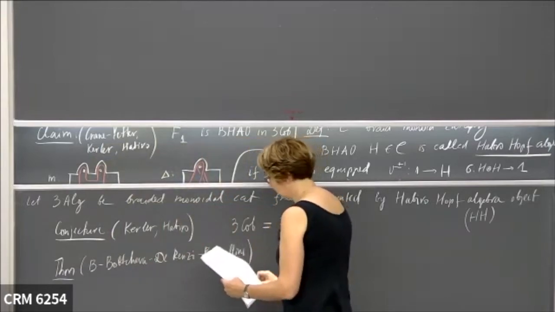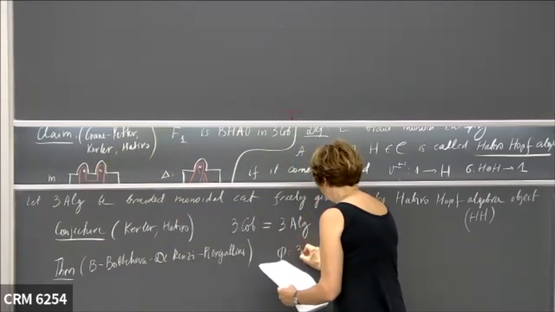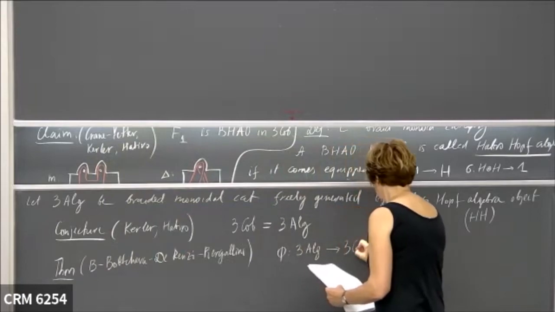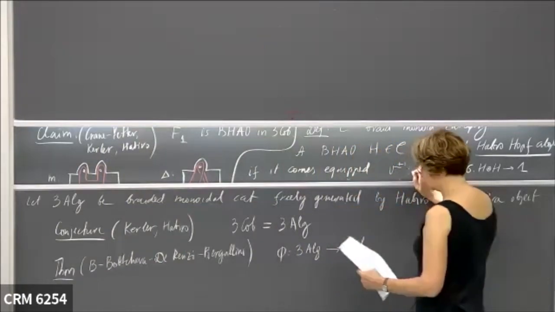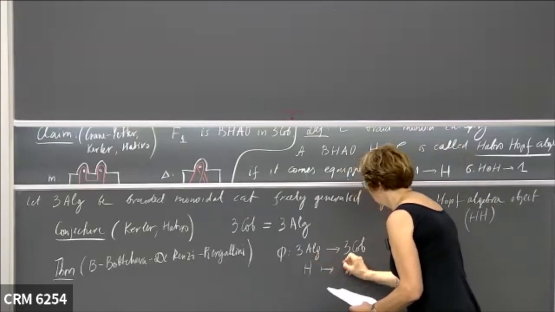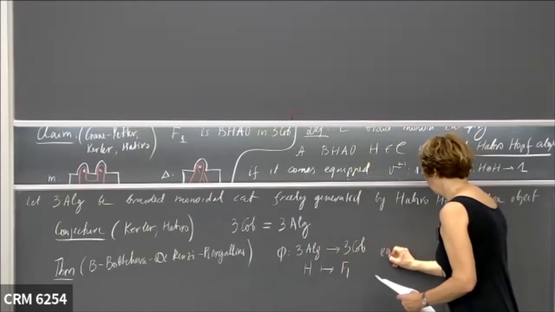It basically says that the functor y from 3 alpha to 3 over, which sends this Habiro algebra object to this F1, is an equivalence of categories.